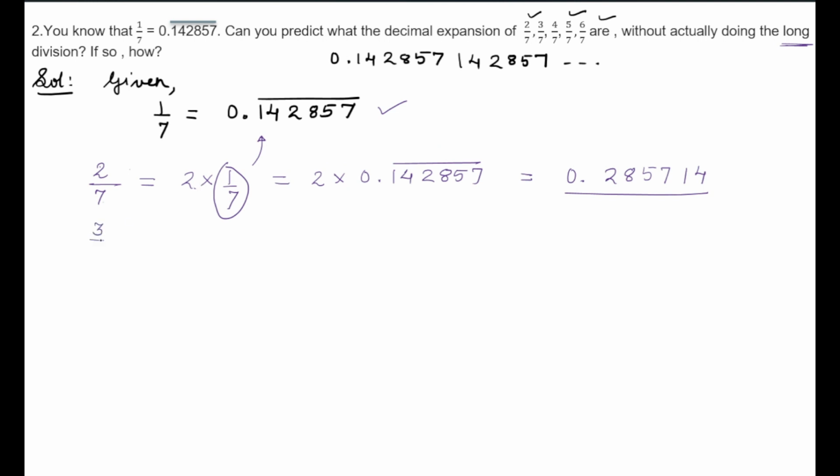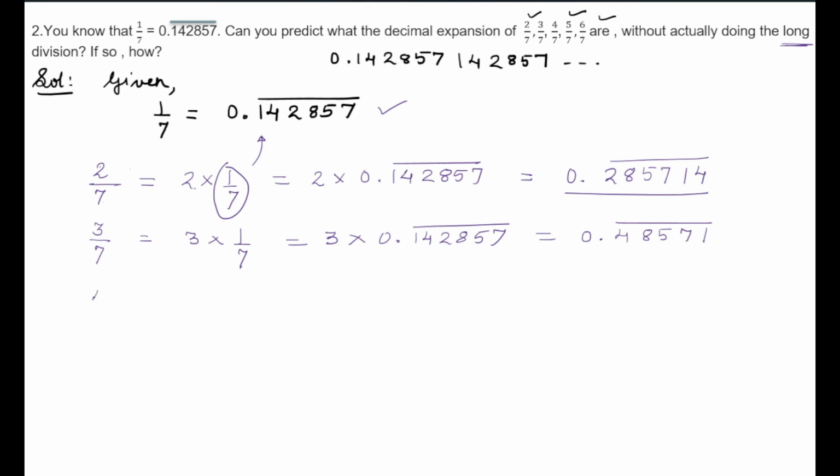Now following the same with 3 by 7. I'll just write 3 by 7 as 3 into 1 by 7, which is actually 3 into its value, and again, don't forget to put a bar over it, right? Because these values are going to have a pattern and they are going to repeat themselves. Okay, now multiply this whole number with 3. You will get your answer on multiplication as 0.428571 and just put a bar over it. Okay.